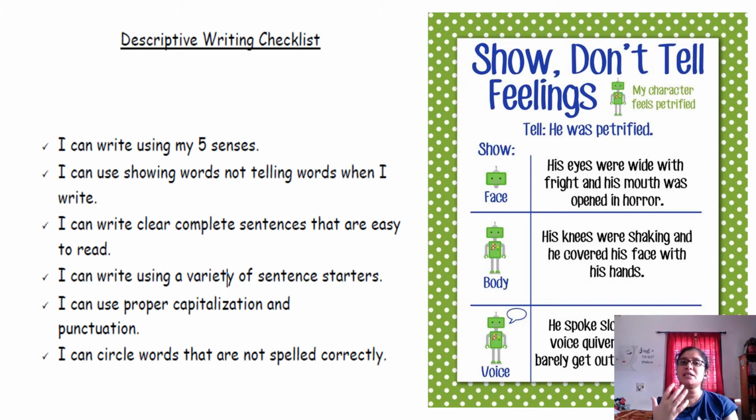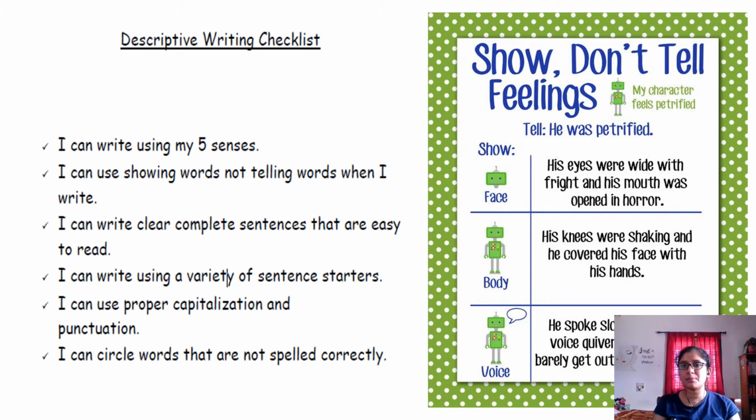But when you give details, when you give showing words instead of telling words, being happy is a telling word. But how was he reacting? The boy was jumping around, singing and dancing, yelling, shouting, whatever. If I give it in such a way, the reader will understand how the boy was feeling when he was happy. So that is the difference between showing and telling words.